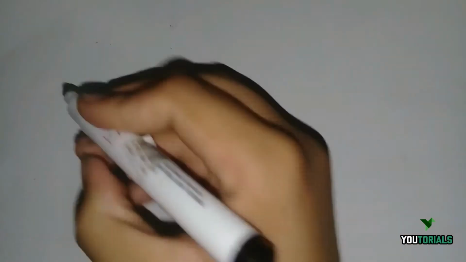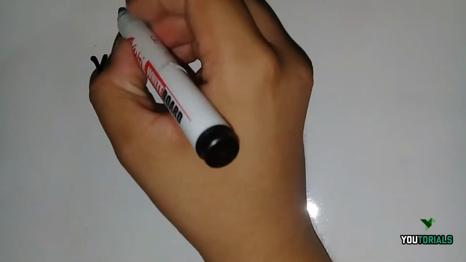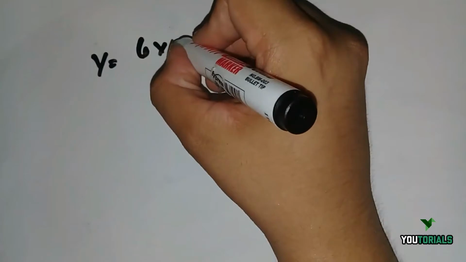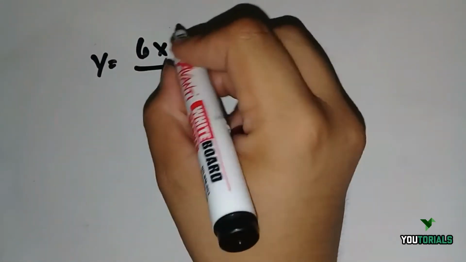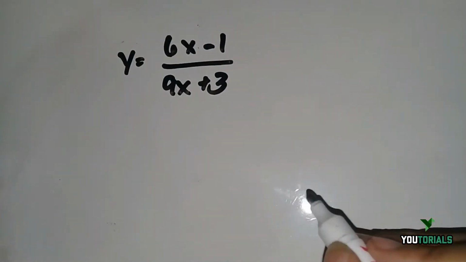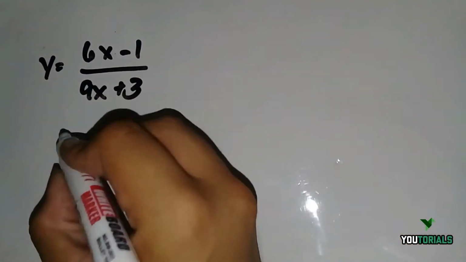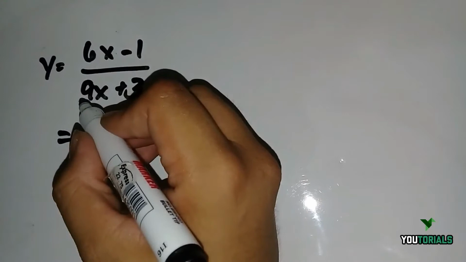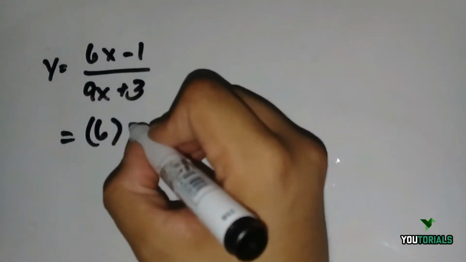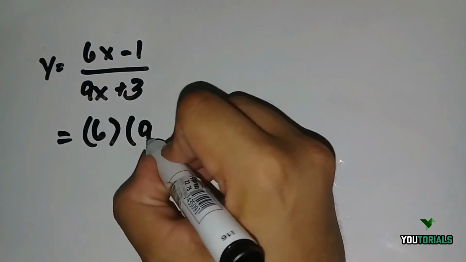We're talking about a simple quotient rule problem, which would be y is equal to 6x minus 1 over 9x plus 3. It's pretty easy though. We would be getting the derivative of the numerator, which is 6, times the denominator itself.